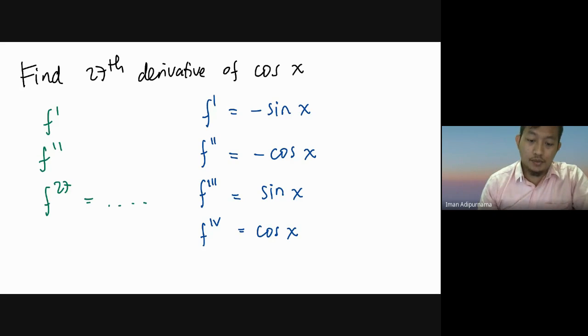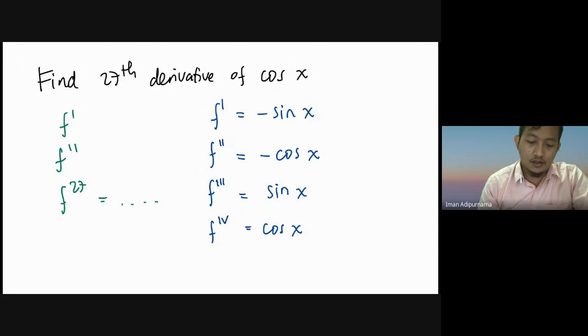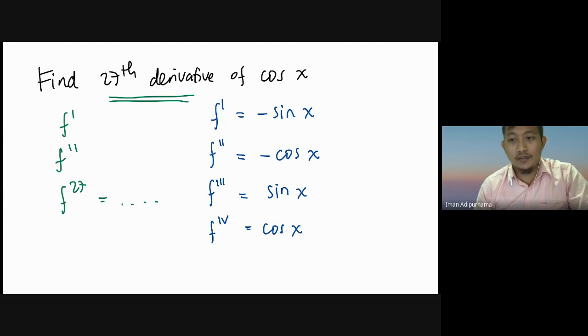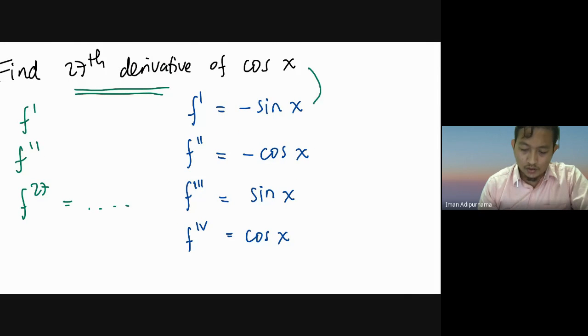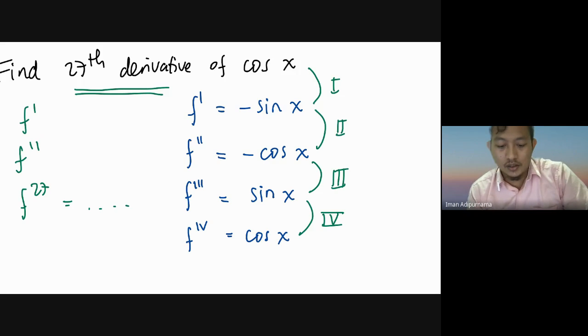The idea behind this is that sine or cosine will have similar values when you differentiate, and it will be a cycle. So we differentiate once, second, third, and fourth time, and at the fourth time it's going back to the original function.